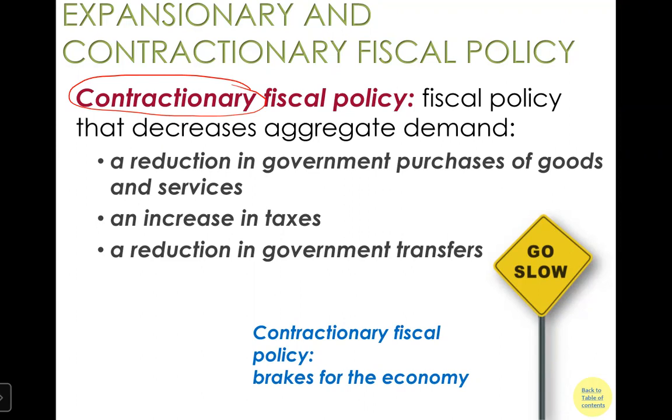So it's the contraction. Right? So that's the other way of thinking about it. Okay. And how can we have contraction in fiscal policy? That's exactly opposite to what we just saw earlier, right? And then you're going to have a reduction in G, increase in T, and a decrease in transfer.